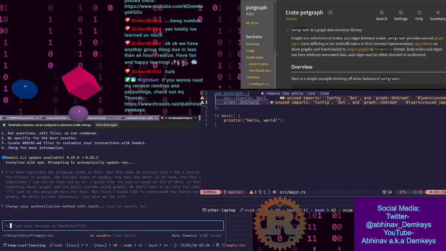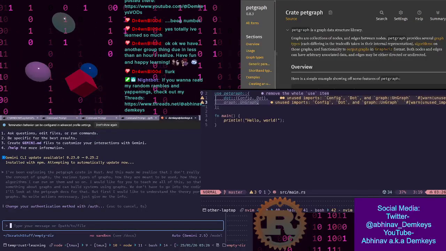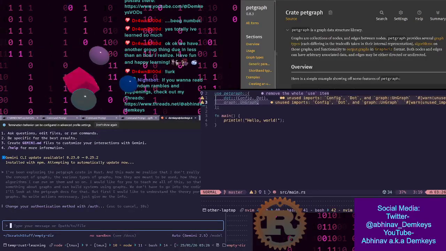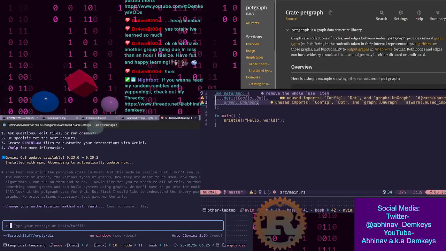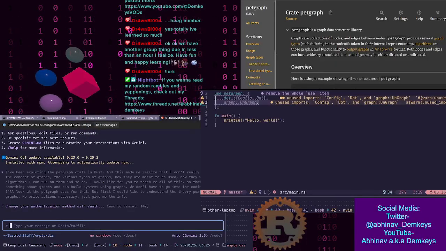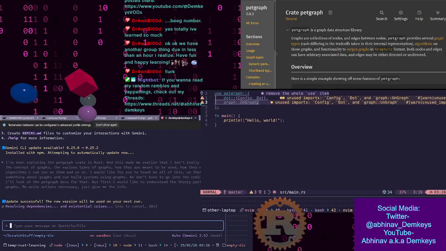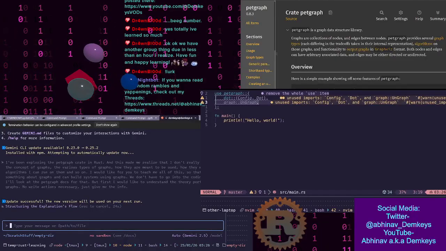Oh God, is it gonna ask for the authentication thing again? Because I haven't done any new prompts on Gemini CLI in a couple of days. I do have the instances still open. No, I think we're good. I don't think it's gonna ask for authentication again.